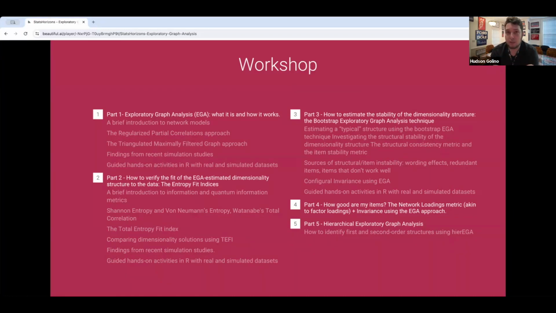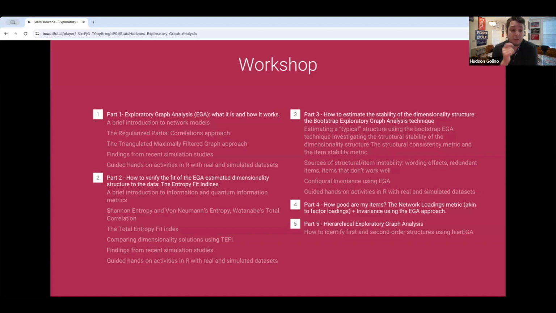Part is just a way to organize the content. There are lots of things we're going to cover. Some days we have one part of the workshop in a single day, sometimes we have 2 or more parts in a single day. It depends on the size of the content and the pace of the interaction between me and you guys.